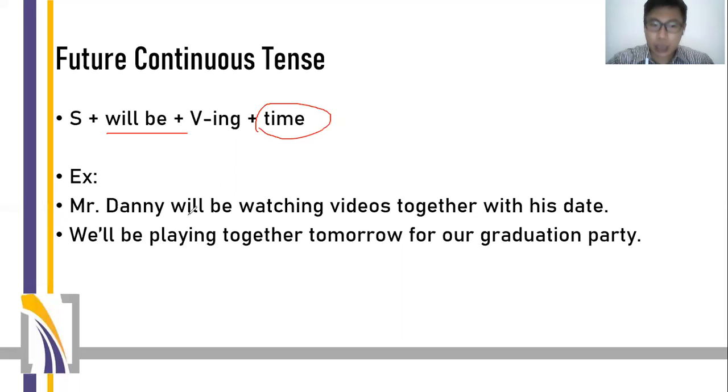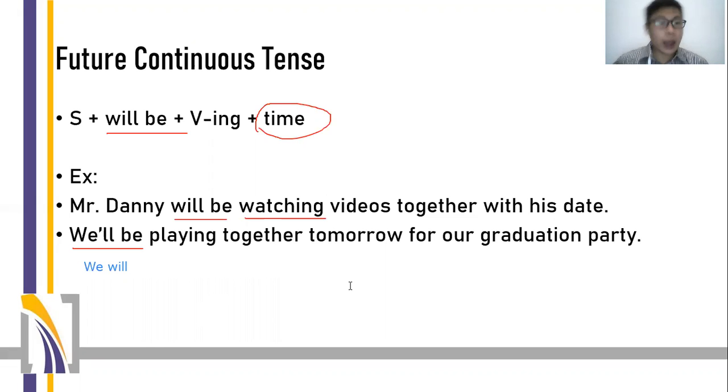But in here, I use will be and then watching with verb ing. And there is also will be with the apostrophe ll. This is the shortened version of will. So we could use that if we don't use any names, if we use our own pronouns.